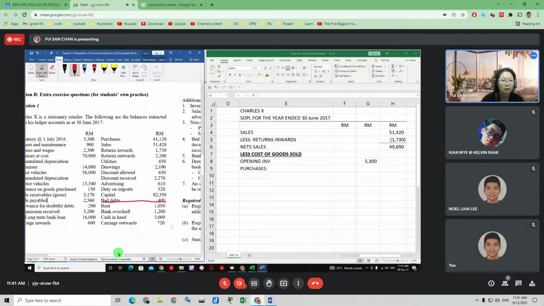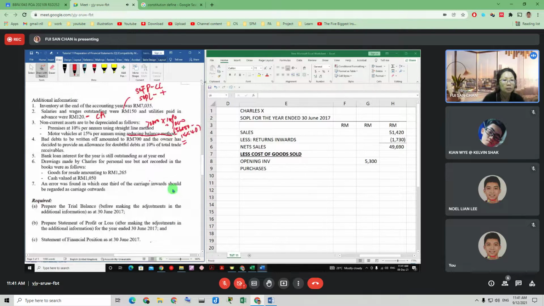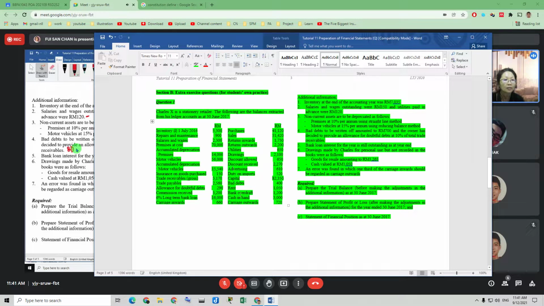So now, with this additional information at the end, how much is your bad debts? 700 plus 400. Yes, the one that already recorded 400 plus the 700 haven't recorded.